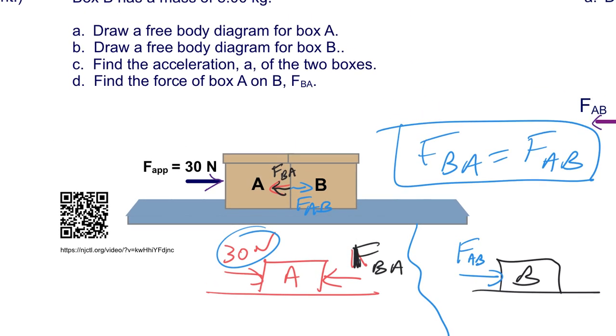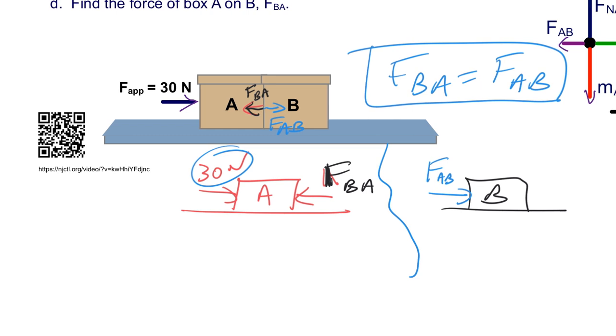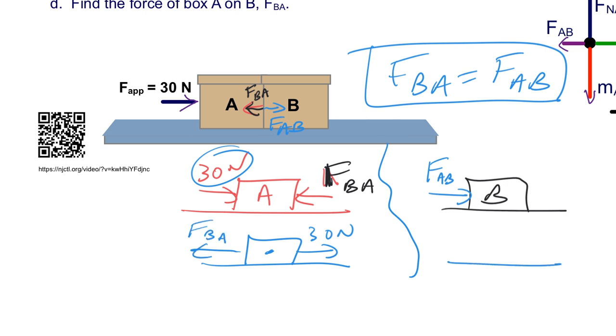Okay, so we just did these two things. Now, really, if you were doing free body diagrams, the forces should come out of the object, point away from the object. So I'll do that. FBA is this way, and this one would be the other way.